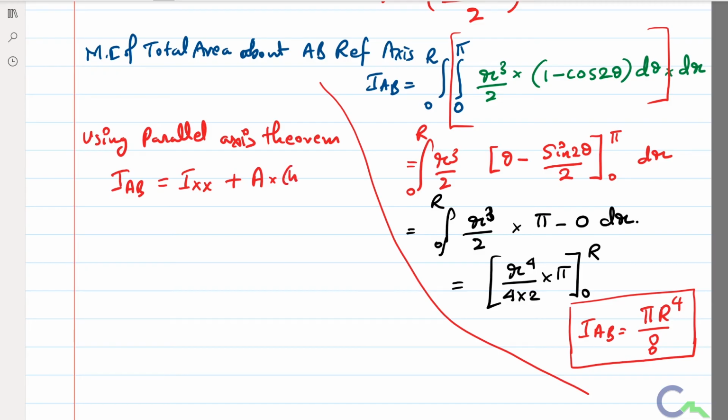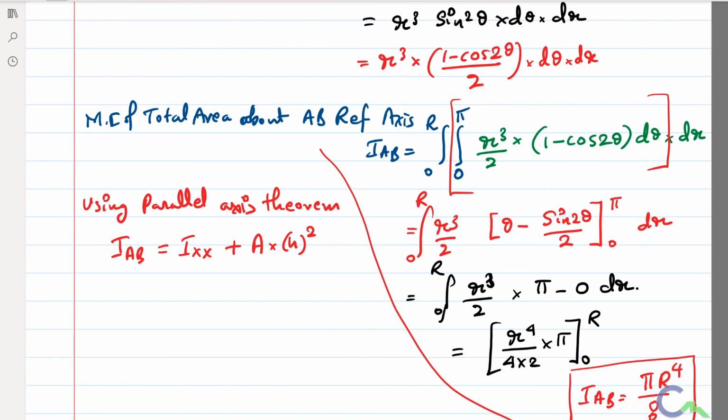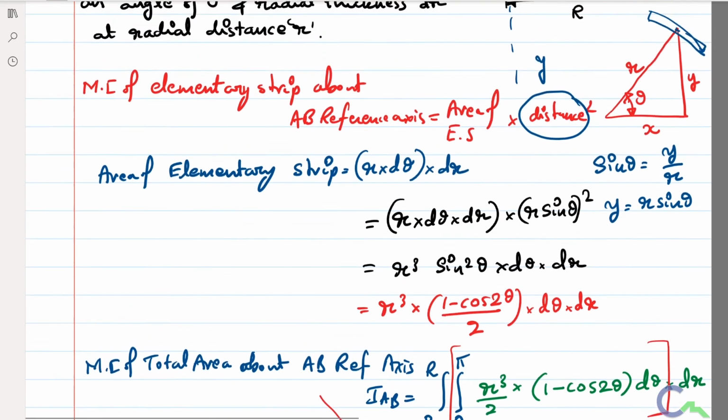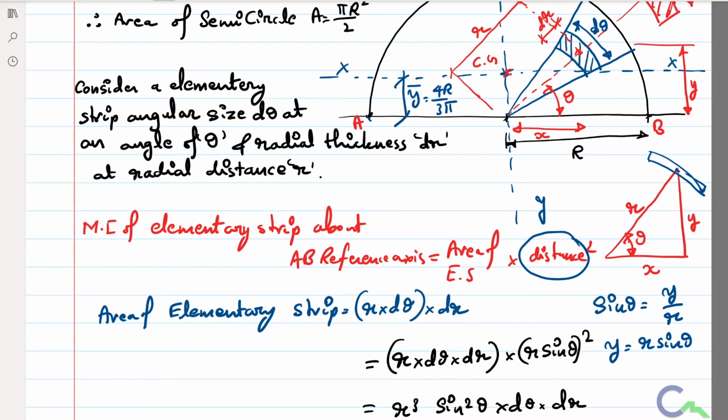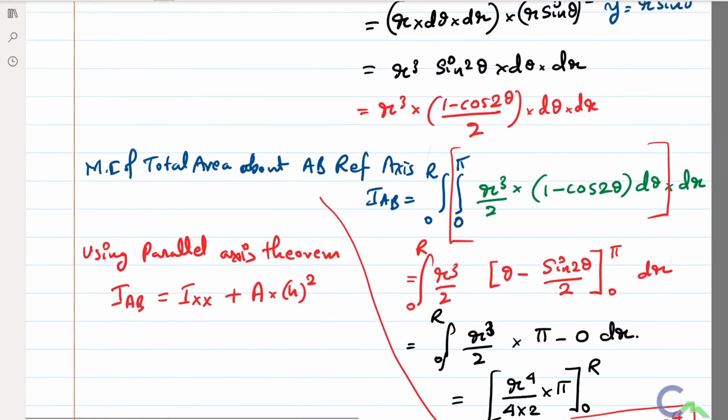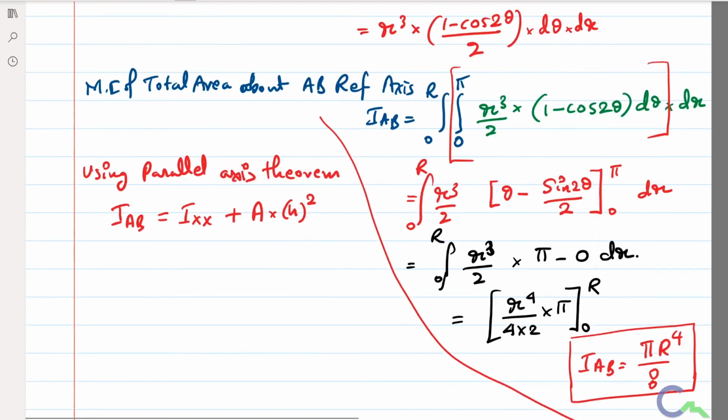We took it as h square, so distance square. If you want, you can check the previous video, in which we discussed the parallel axis theorem. In this case, h is nothing but the distance between the two axes, that is the centroidal distance, 4r by 3 pi. So I am going to substitute all the values in this equation.